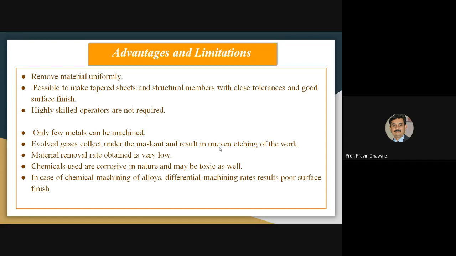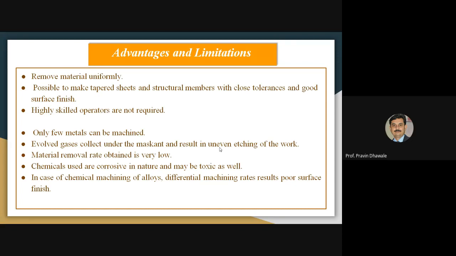So tapered sheets and structural members or different kinds of structures can be easily machined with a close tolerance limit of up to plus or minus 0.2 to 0.3.